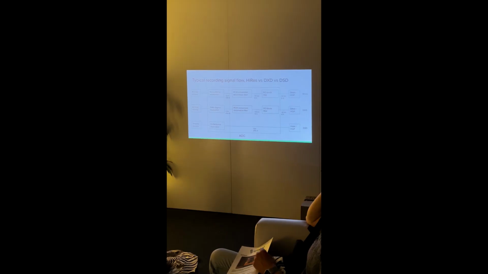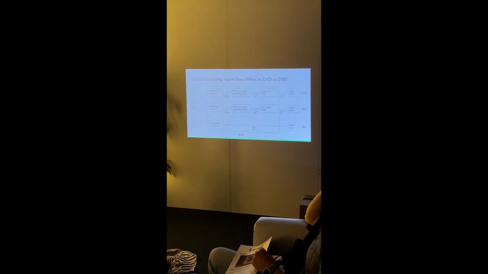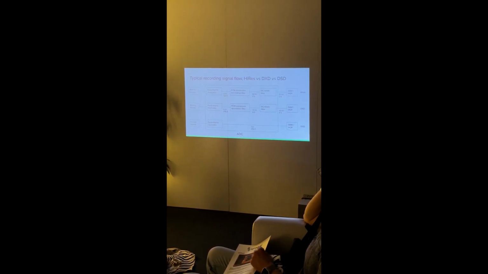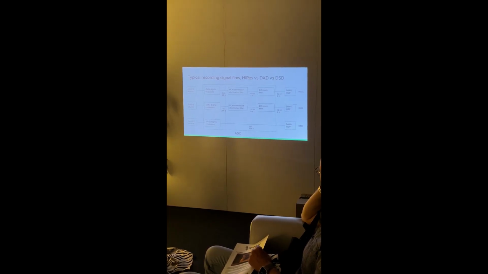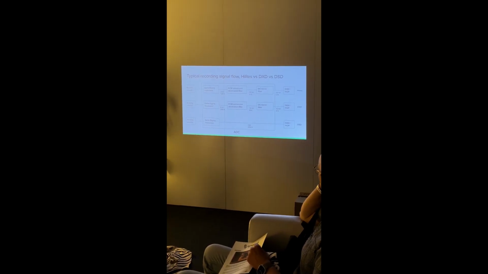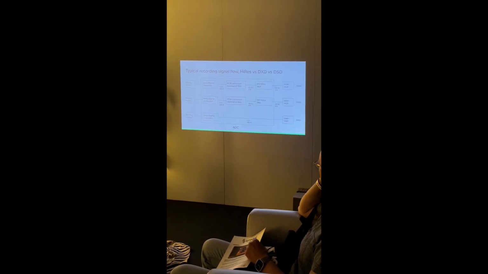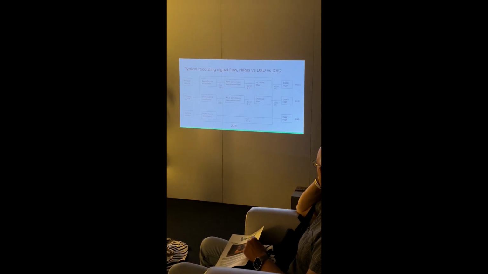You start with the analog source, you have a delta sigma modulator in the ADC, and then it produces usually like 2 bits at 128 times the sampling rate. Then the PCM decimation filter converts the delta sigma modulated bit stream to PCM, and then there's usually a DC block filter also, and then it comes out to the digital audio workstation.